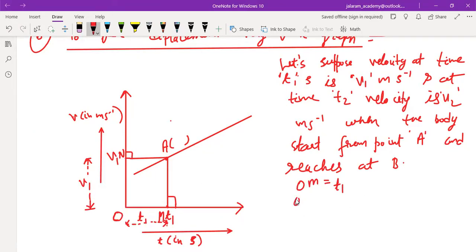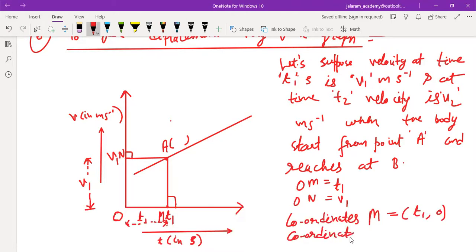Distance ON is V1 unit. Coordinates of M will be T1 comma 0.